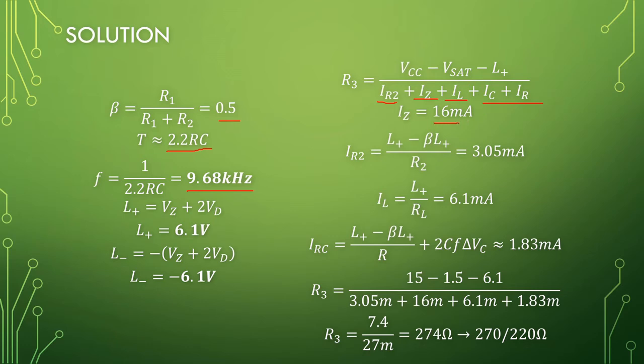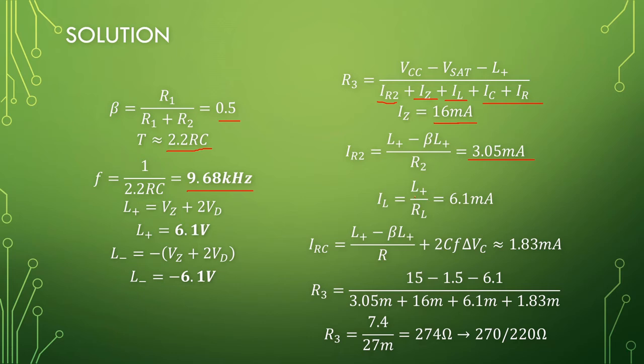So the zener requires 16 milliamps. In our feedback loop, we have the voltage drop across resistor 2, which is our limit minus our trigger over R2, and that will yield 3.05 milliamps.